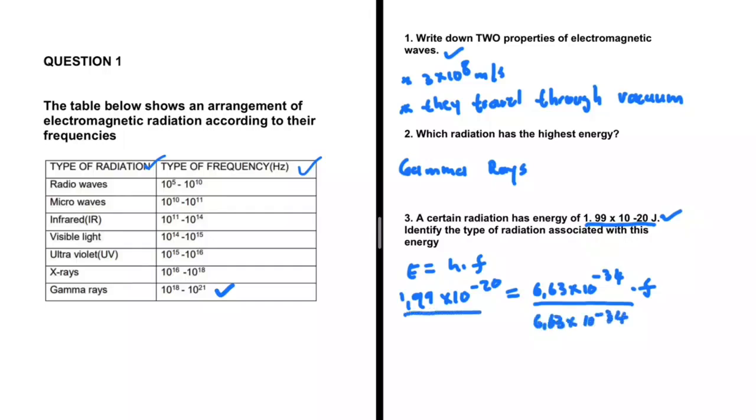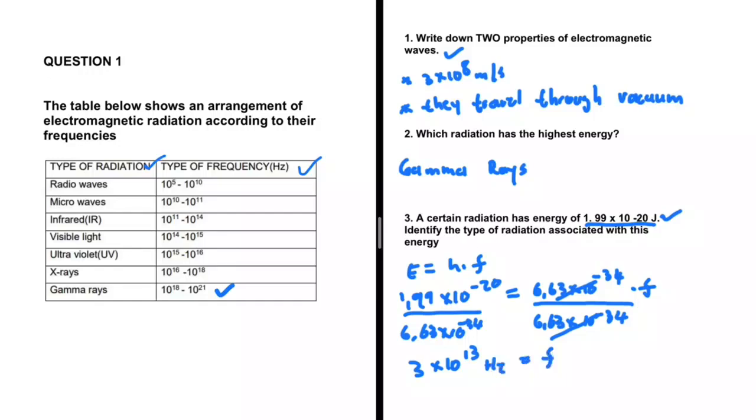Let's just do that real quick. On the right hand side, it's easy to see that this will cancel out. And we're going to have the frequency equal to 1.99 times 10 to the minus 20 divided by 6.63 times 10 to the minus 34. That is 3 times 10 to the power 13 hertz, which is our frequency.